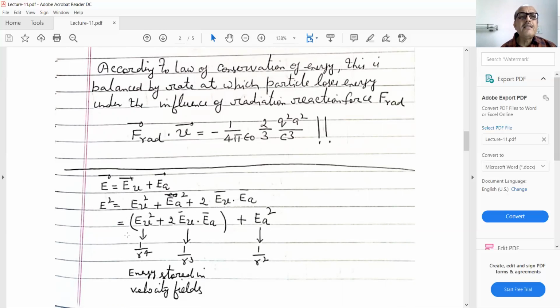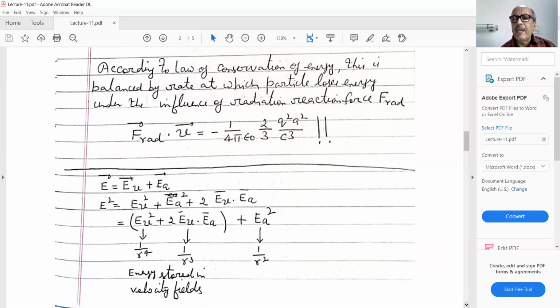Otherwise, this E square will have two terms. The energy is stored in the velocity field and the energy is stored in the acceleration field. Right now, we are ignoring the energy stored in the velocity field. When we write down Larmor's formula, we don't give any weightage to the energy stored in the velocity field.